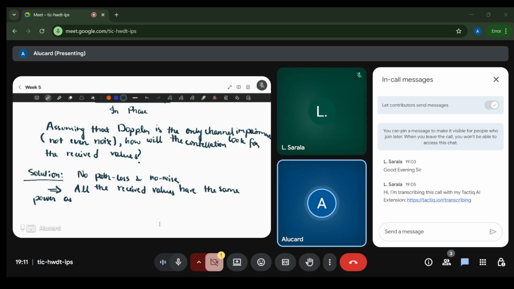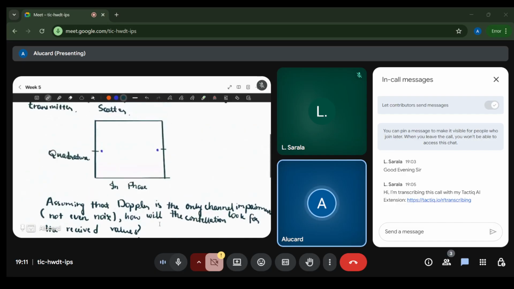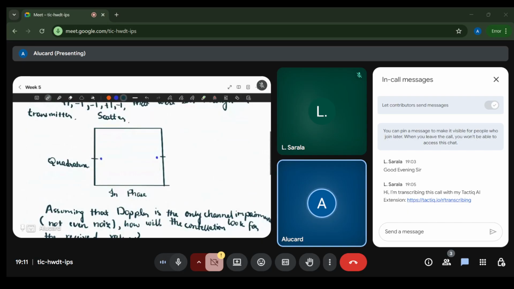It is only a change in the apparent frequency and phase. And hence, since the amplitude is 1, the power is 1.